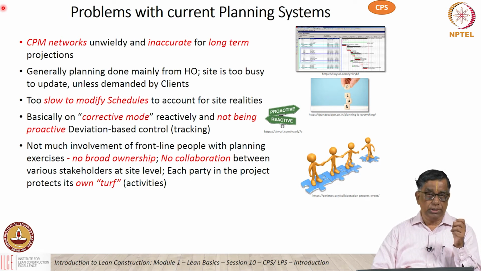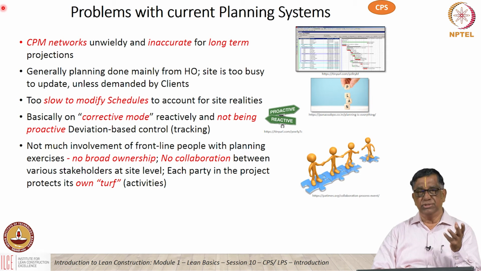And if you look at the revisions of these schedules, whether they're really up to date on a given day, the answer is no. They are too unwieldy to keep on revising on a day-to-day basis. As and when there is a disconnect between the actual planning and the execution, there is a need for updating the schedules, but that is not really possible with these large schedules, and we don't get such timely feedbacks.